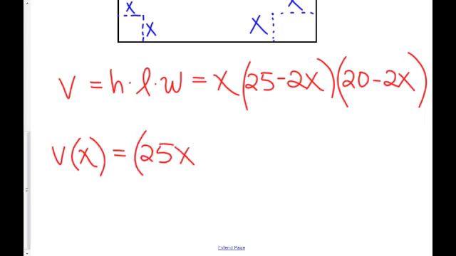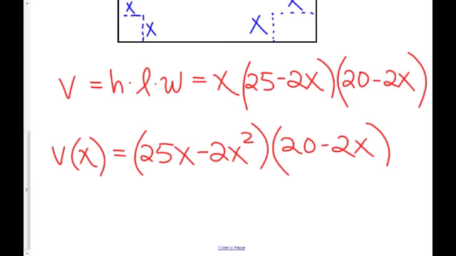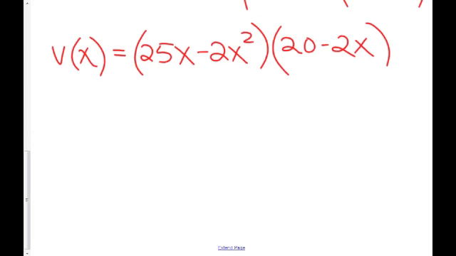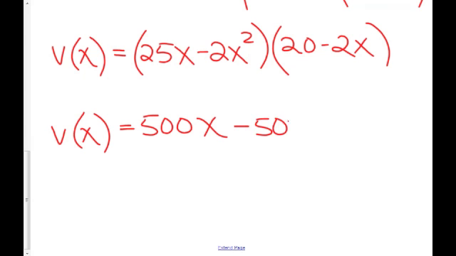We have 25x minus 2x squared, and we still have a 20 minus 2x. We can now distribute this even further. V of x is equal to 25x times 20 is 500x. 25x times negative 2x is negative 50x squared.